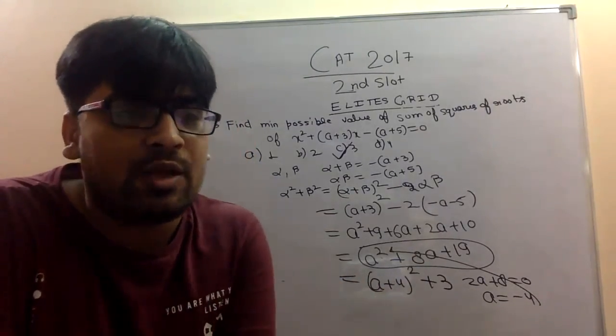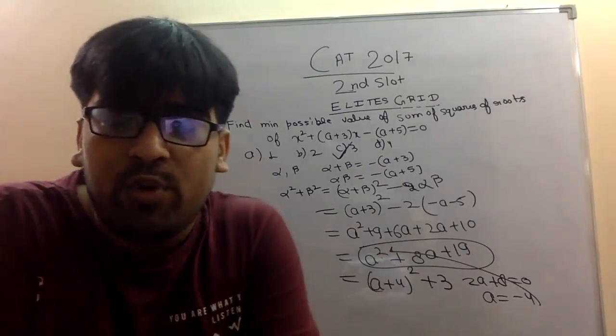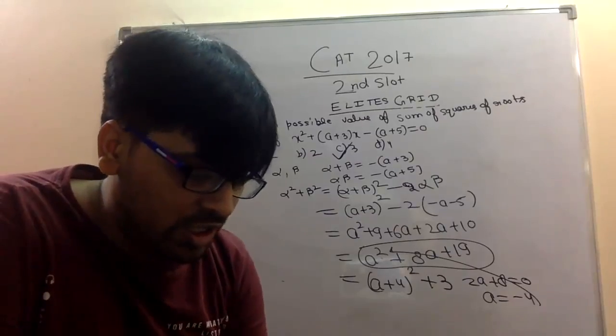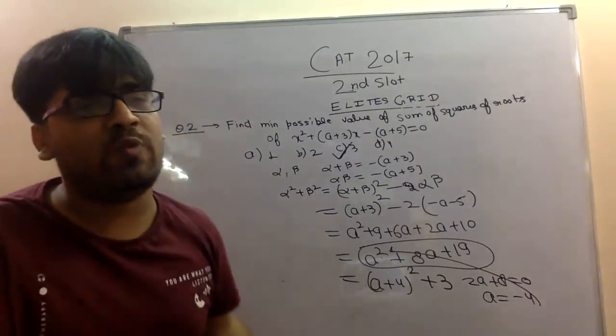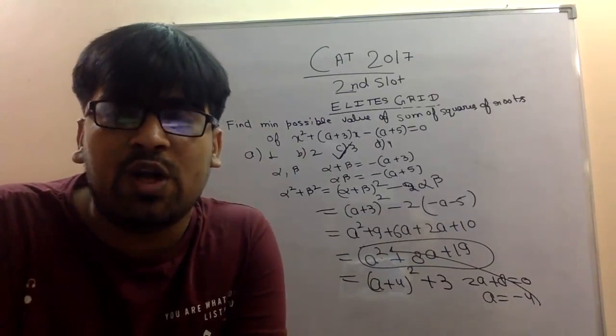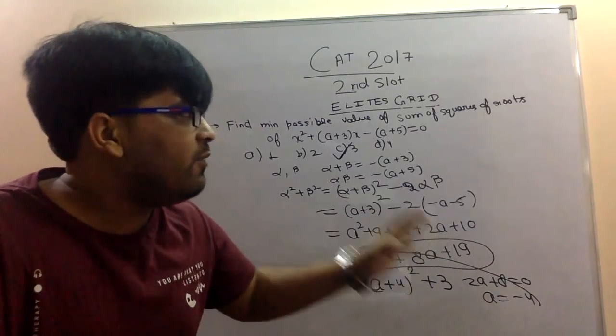Vikramjit, AM greater than equal to GM is valid when both numbers are positive real. ये कई बार मैं चीख के बता चुका हूँ कि AM-GM तभी अप्लाई कर सकते हो when both values should be positive real. Otherwise you cannot apply AM greater than equal to GM. This is valid.